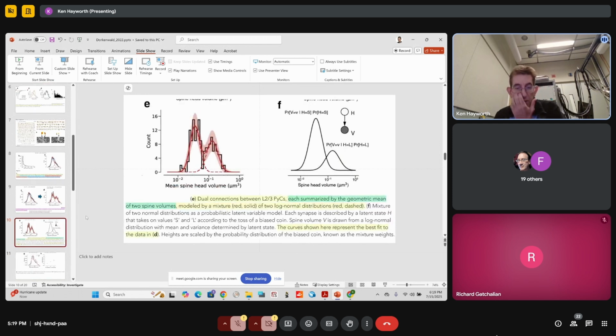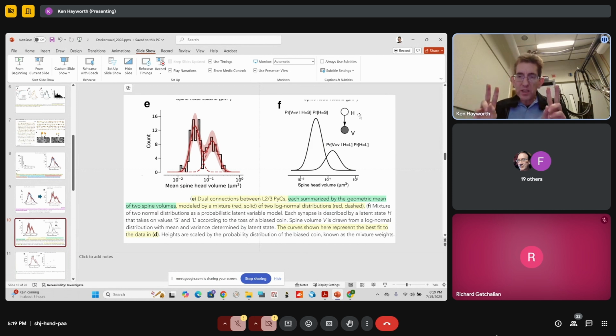So they looked at that bump and they said the fact that this is bimodal might mean that this is actually a switch that is being turned on that says, okay, this is a strong synapse, or if it's off, it's a weak synapse. And so they modeled this with this type of model. They say that there are two states that the synapse can have.